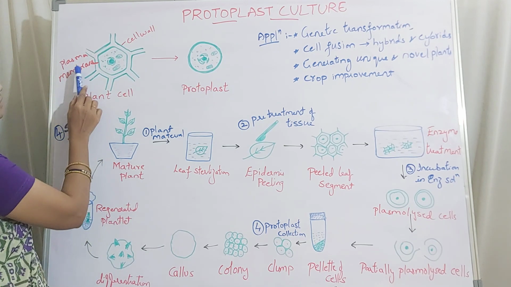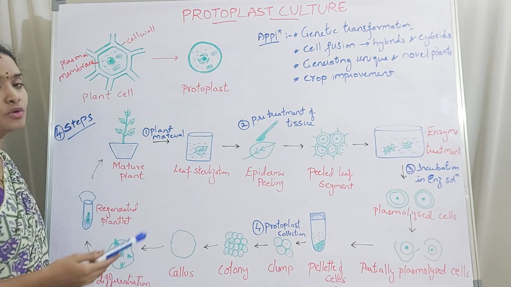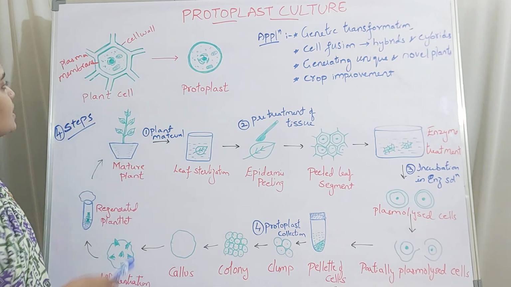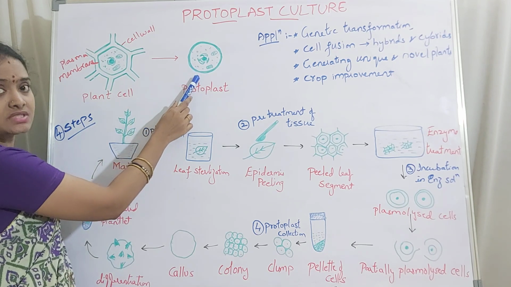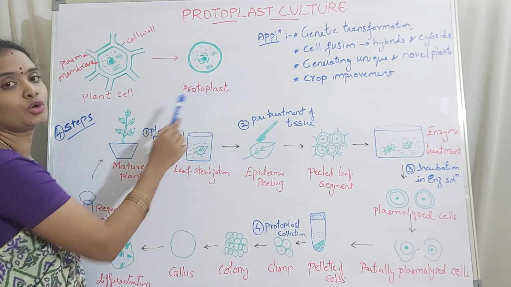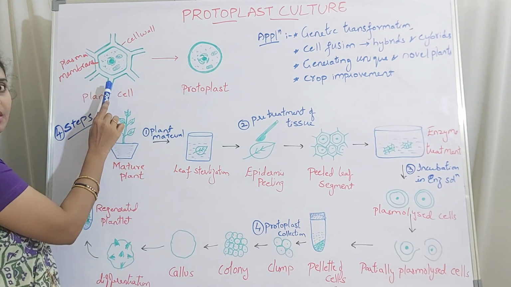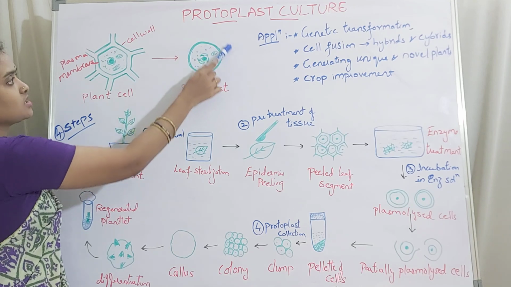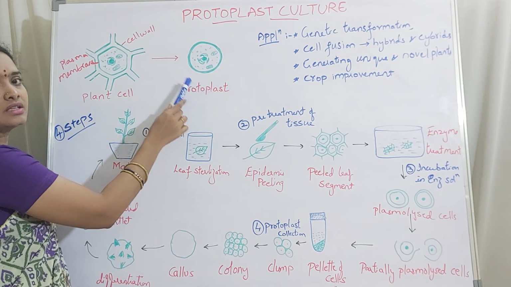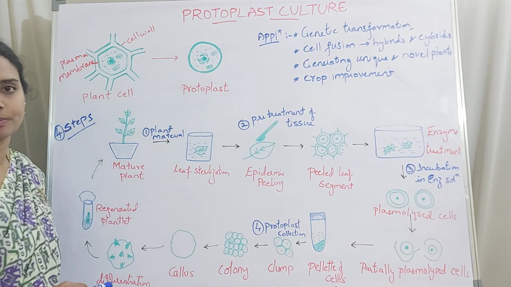Okay, so when you remove this cell wall, either by enzymatic process or by mechanical process, the plant cell without cell wall is referred as protoplast. Is that clear? All the components of the plant cell are present, only which is lost is the cell wall. Right? The plant cell without cell wall is referred as protoplast.